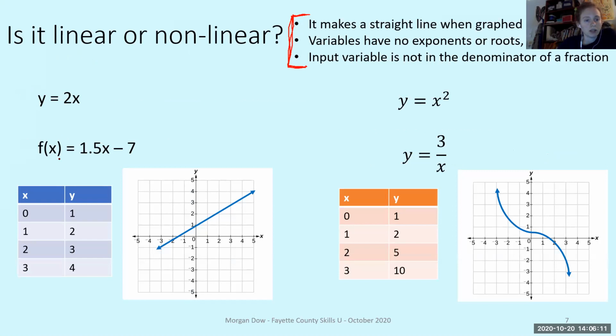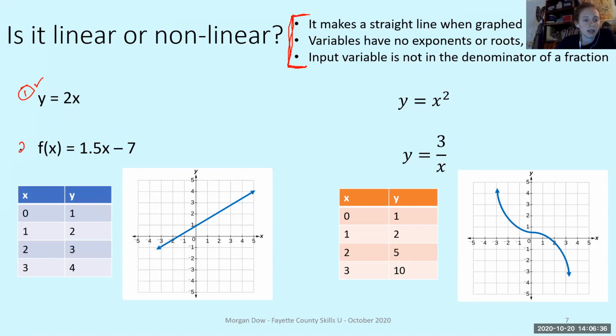So let's start with this first equation, y equals 2x. Is it linear or nonlinear? Well, I look at my variables. I don't see any exponents or roots. Nothing is in the denominator of a fraction. So this is a linear function.